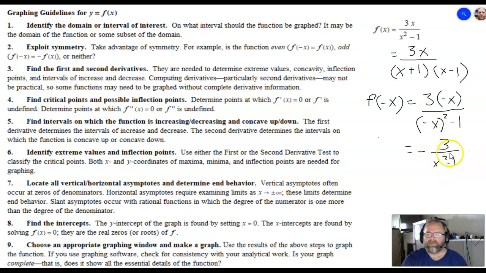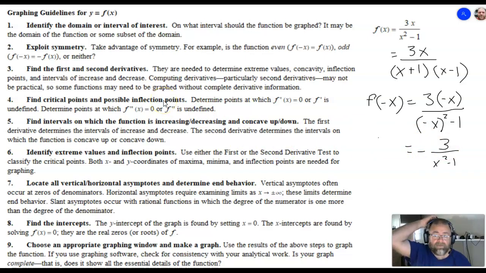So this function is just the negative of the function up here. And that means that the function is reflective across the origin. So for every value x, y, there's going to be a value -x, -y. So if you have 2, 3, then you should also have the value -2, -3. We can use that if we were trying to graph this by hand.